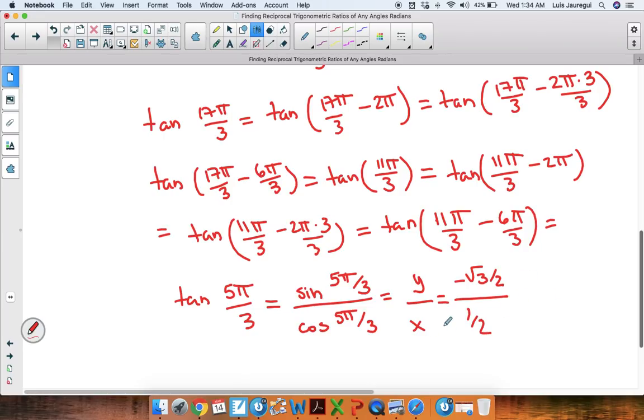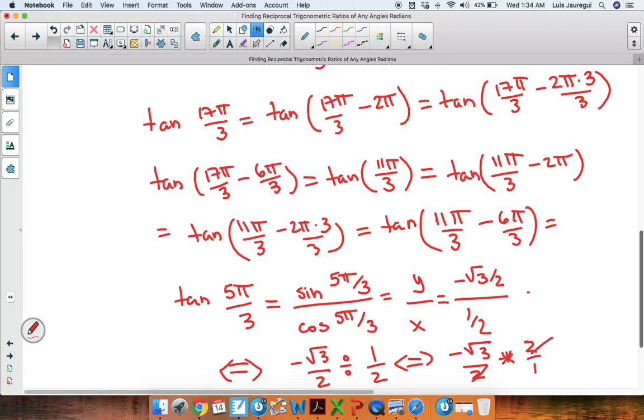Now, this is equivalent to the following. One can rewrite this as follows. Negative root 3 over 2 divided by 1/2. Or we can do the multiplication by the reciprocal. So this is negative square root of 3 over 2 times the reciprocal 1/2, which is 2 over 1.